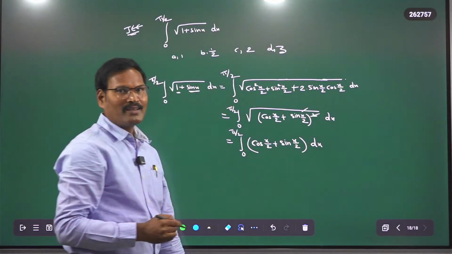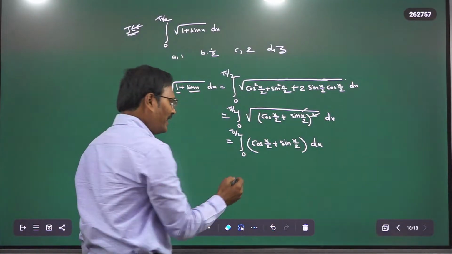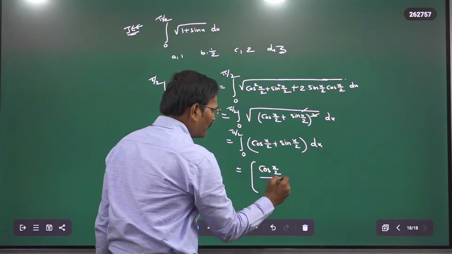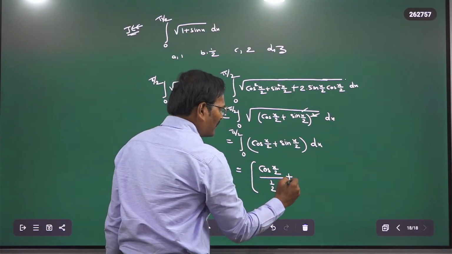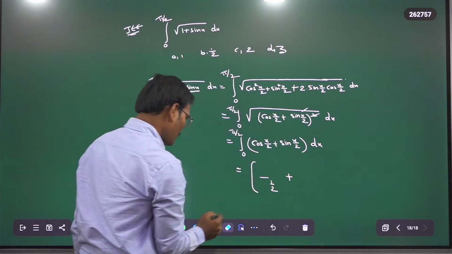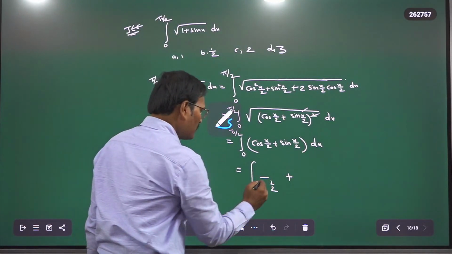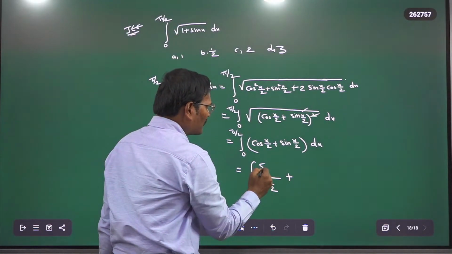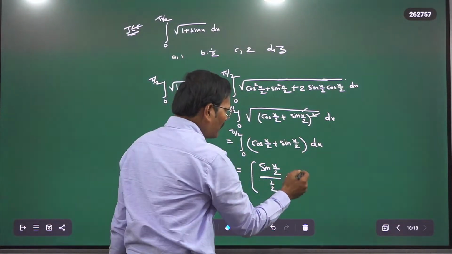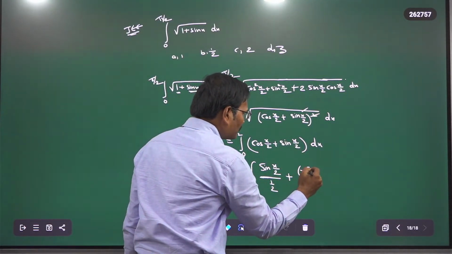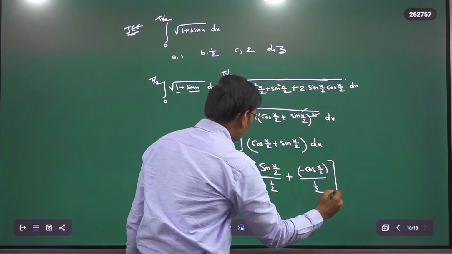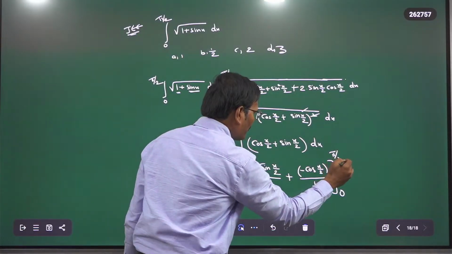The integral of cos ax is sin ax by a, and the integral of sin ax is minus cos ax by a, so we get sin x by 2 by 1 by 2 minus cos x by 2 by 1 by 2, from 0 to pi by 2.